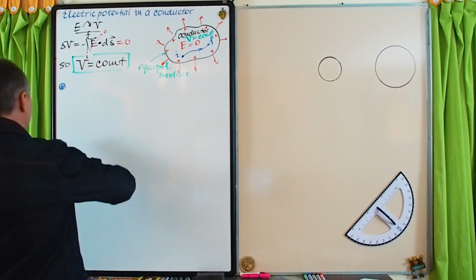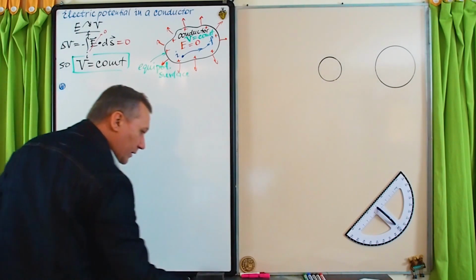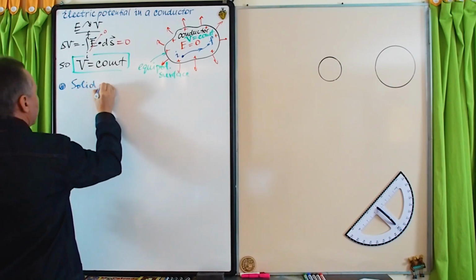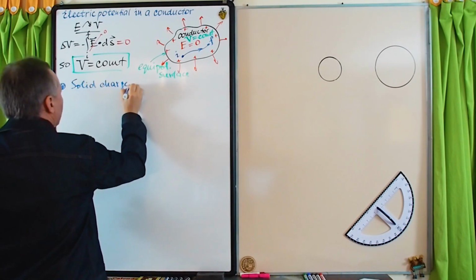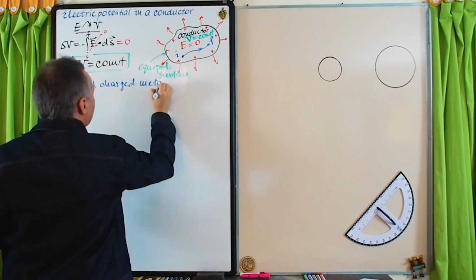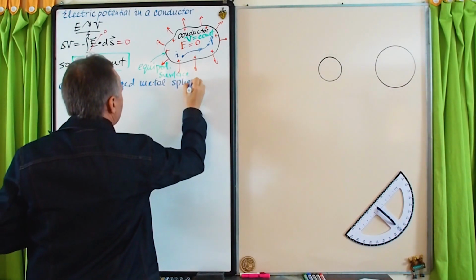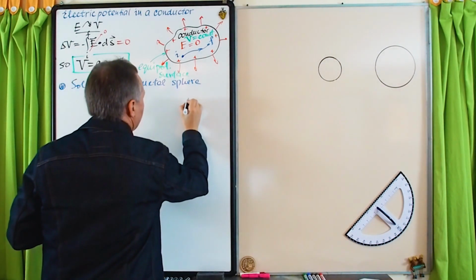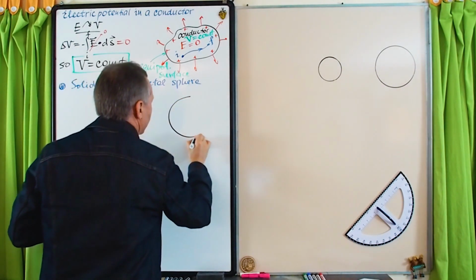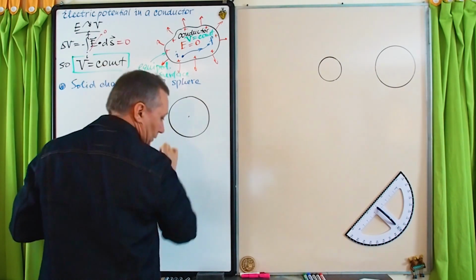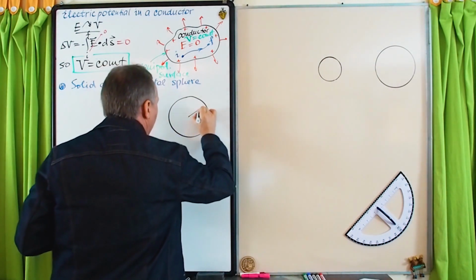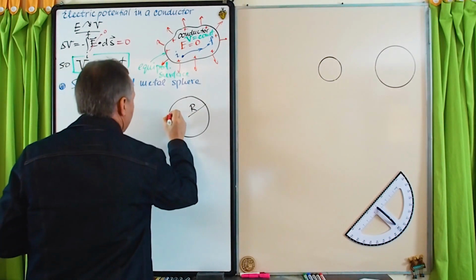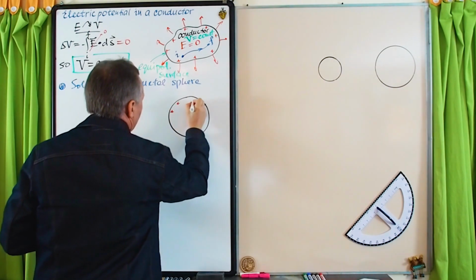Right, so let me write what I wrote: solid charged metal sphere. Okay, I can even draw a small sphere of radius r. And let's assume it's positively charged.